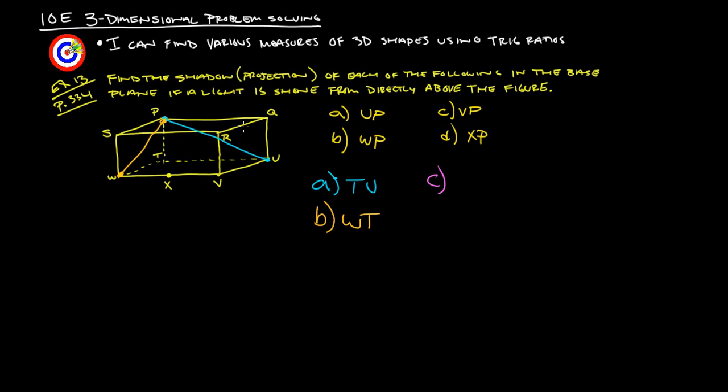C is VP, so here is V and here is P. If we cast a shadow from straight above, it's going to make the line TV. Alright. And then the last one is XP. So here's X and there's P.